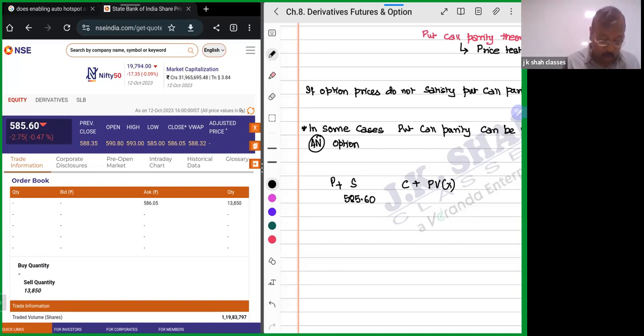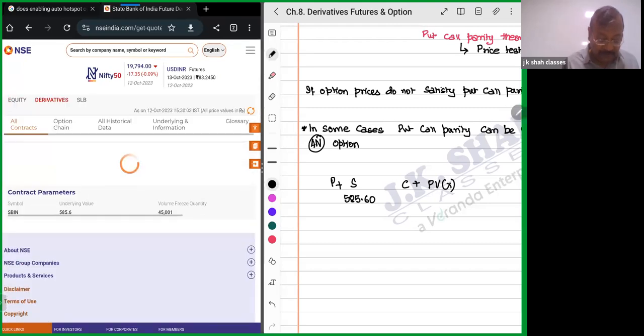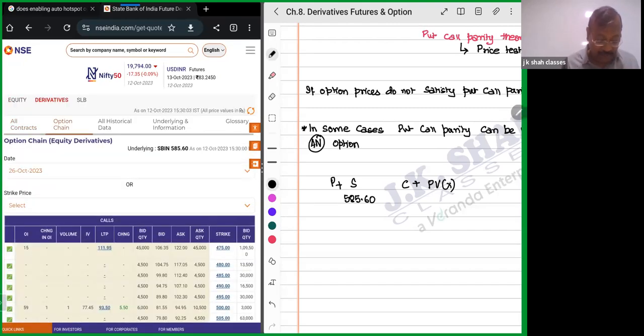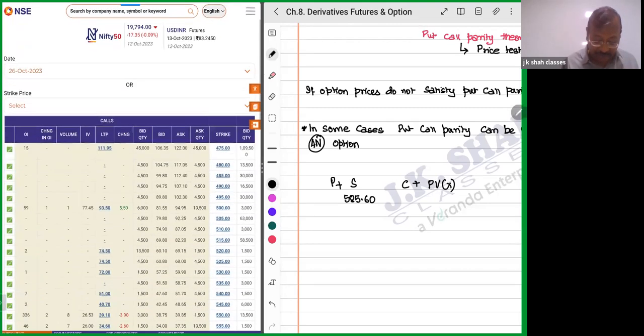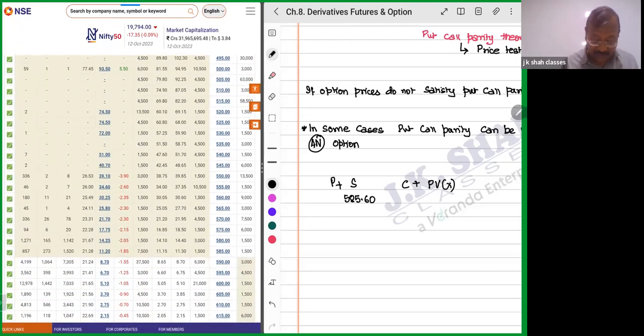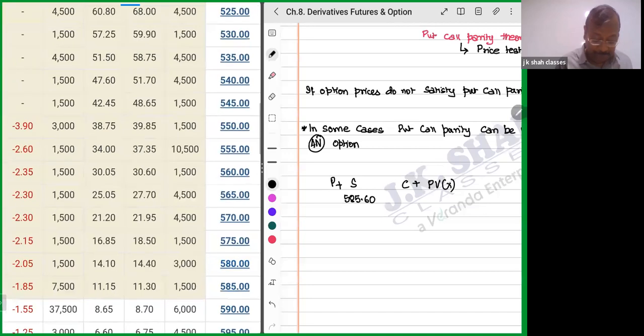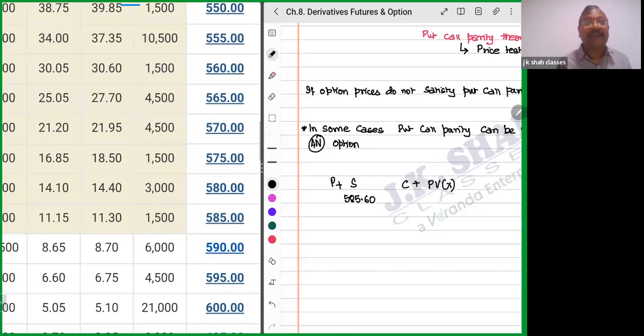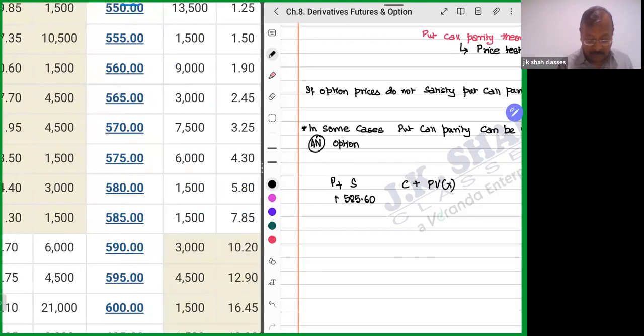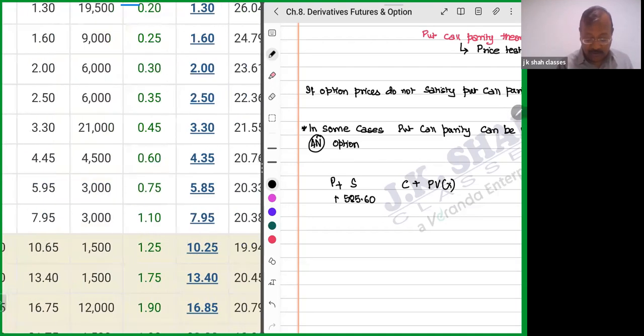Now let's go to derivatives and let's go to the option chain, right? And let's look around 585. Let's see for strike price of 580. Can you see, one second? 580 strike price. Okay. What is the value of the put? 580 put, 5.85.